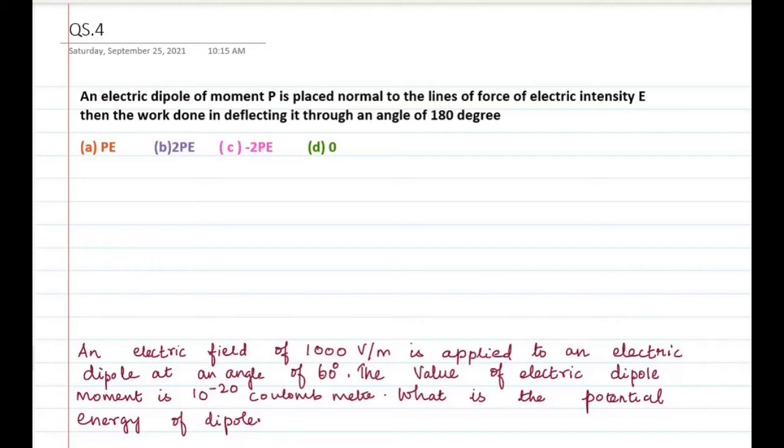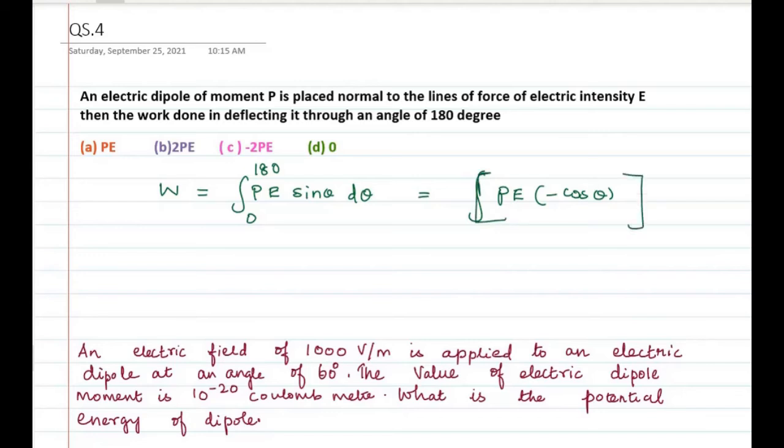So you have an electric dipole moment, and the work done will be equal to the integration of PE sin theta d theta between the limits 0 to 180 degrees. When you integrate this, we'll get minus cos theta, so it will be minus cos theta from 0 to 180 after integrating.